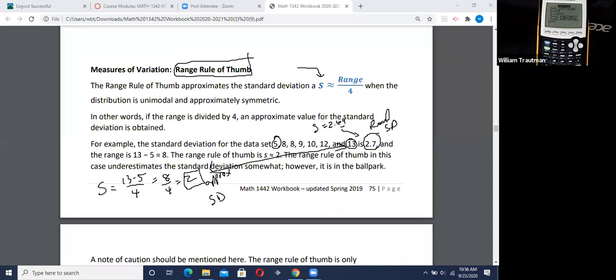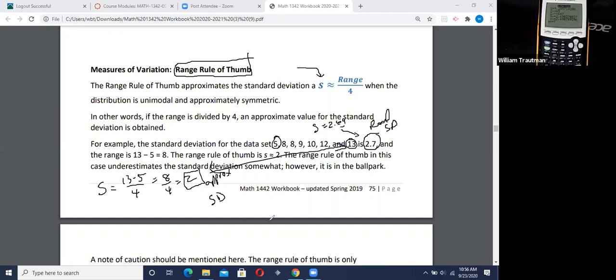It's going to be on the homework also, but on the quiz, for some reason, this is a question people miss a lot. What is the standard deviation using the range rule of thumb? It's going to say find the standard deviation, and then find the standard deviation using the range rule of thumb. So you're going to have to do it twice.